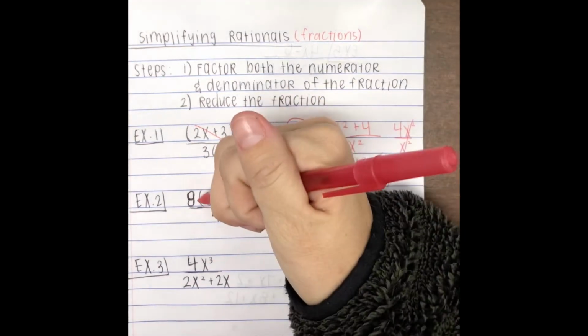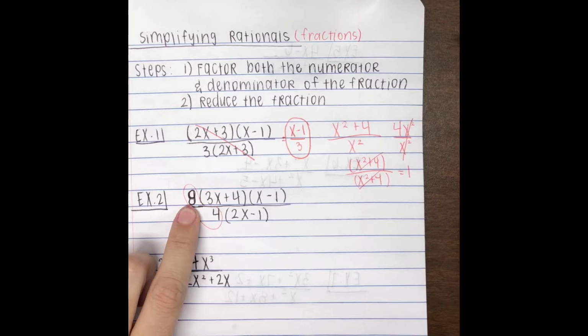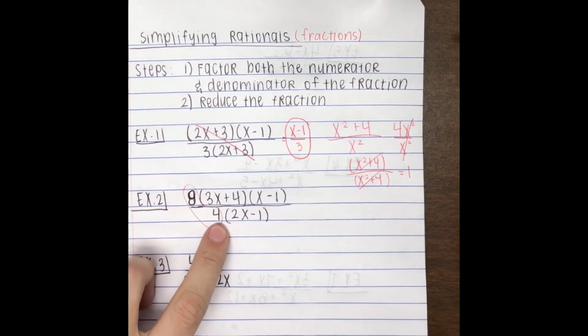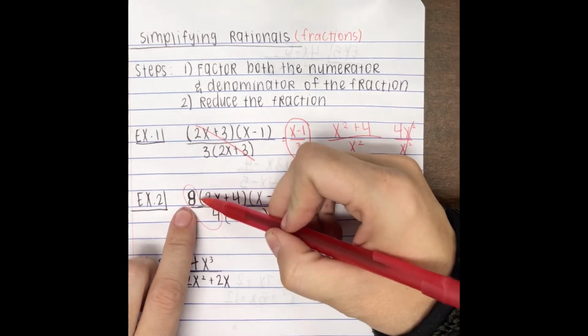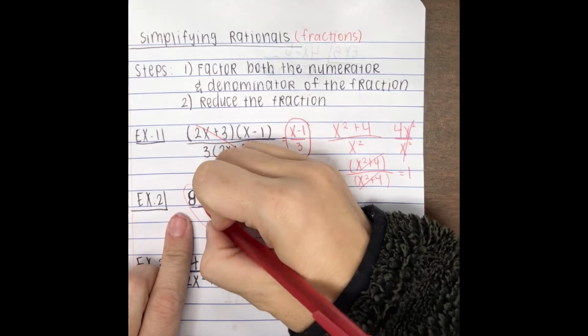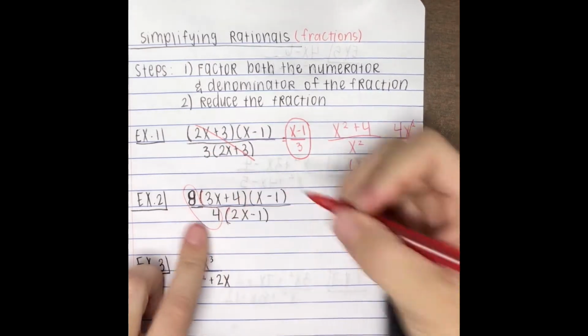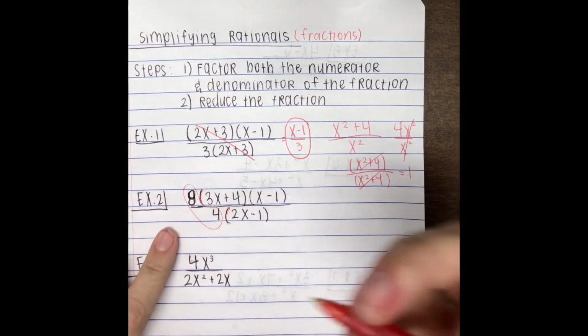The only things that could simplify would be this 8 that's being multiplied out front and the 4 that's being multiplied on the bottom. If there was a plus or minus sign here, I couldn't simplify these, but since this is multiplied times this parentheses, and this is multiplied times this parentheses, I can simplify 8 divided by 4, which is 2.